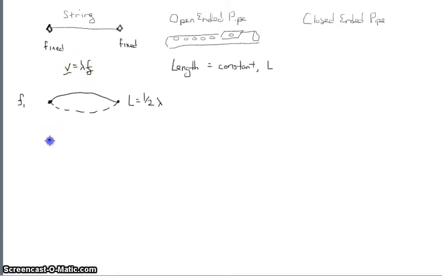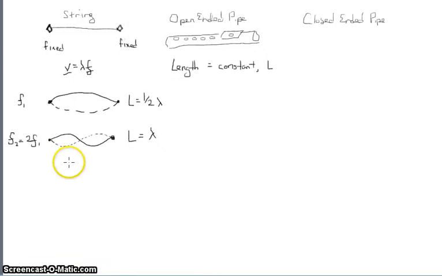So the next standing wave pattern that occurs is going to look like two loops, where the length here will have one whole cycle on it. This would be one wavelength, and this would be known as the second harmonic, or 2 times the fundamental frequency.